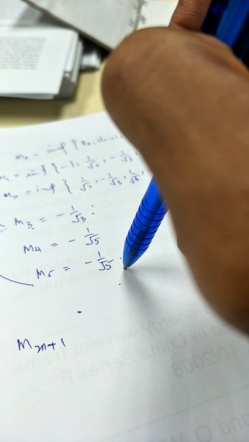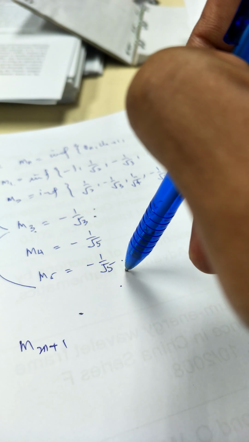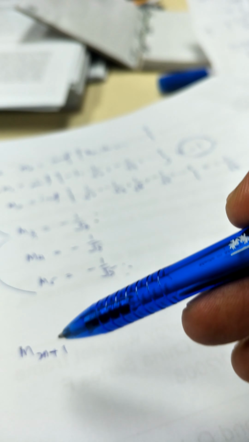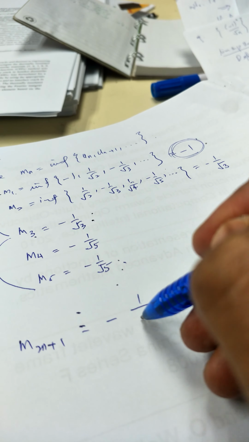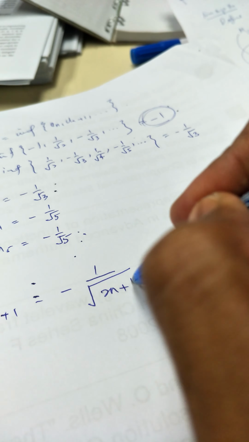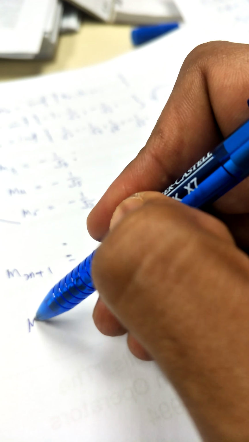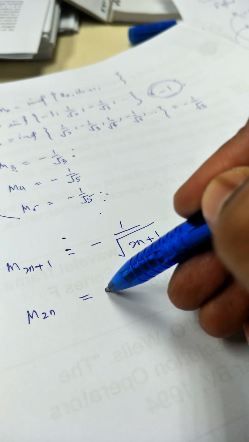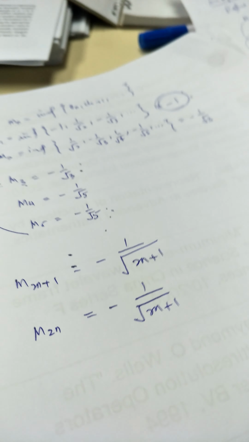So next, m7, we should expect minus 1 over sub 7. So in this case we can have m 2n plus 1, which is minus 1 over sub 2n plus 1. And as well as for m even, we have minus 1 over sub 2n plus 1.